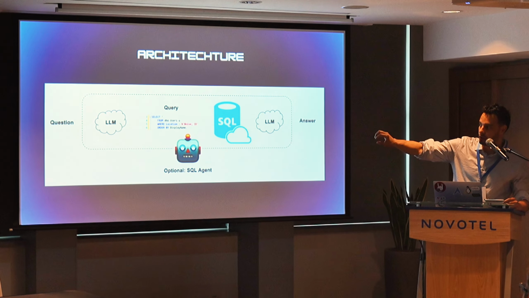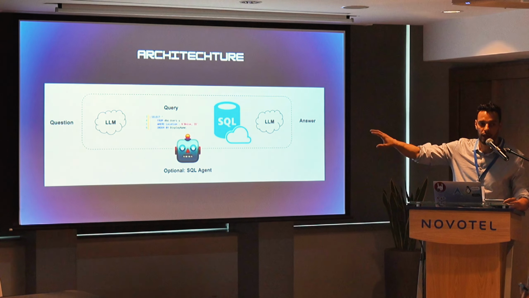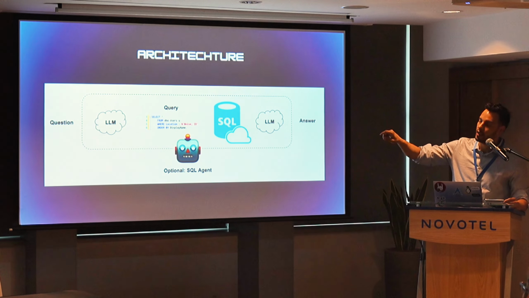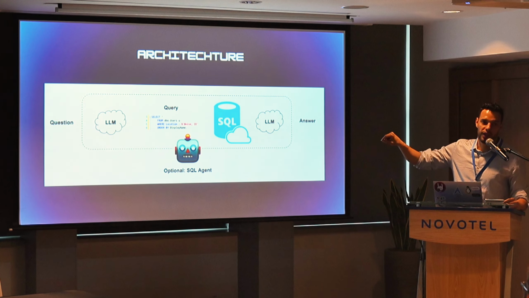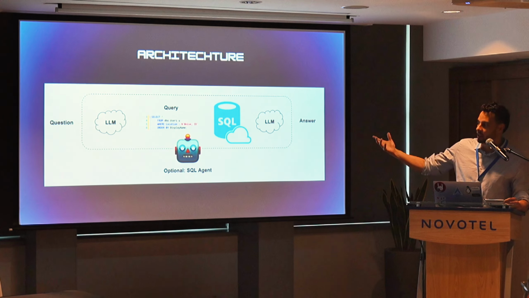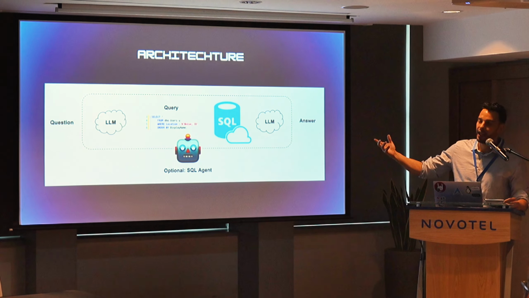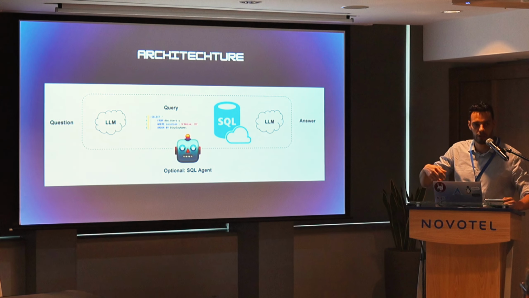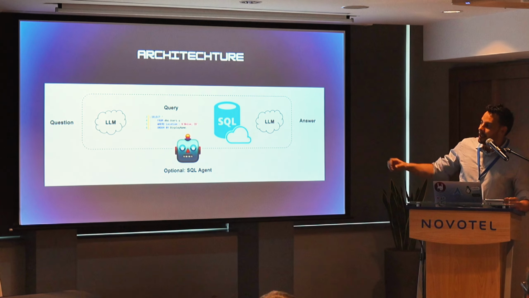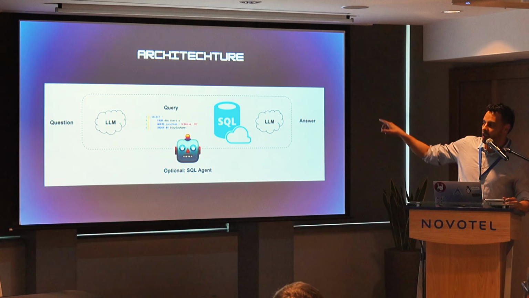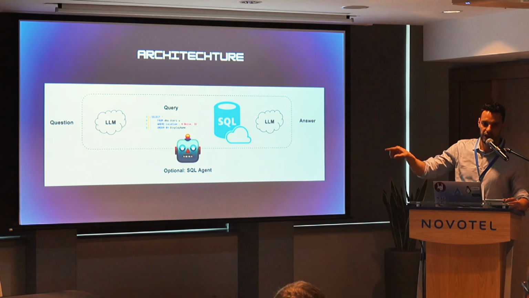You ask a question, then the large language model processes it and converts it to a query. Then you execute the query in the database. With the result from the database, you give that result to the LLM again, and it converts it to a natural language response. That's what both technologies do, and optionally you can have a SQL agent that takes care of that.